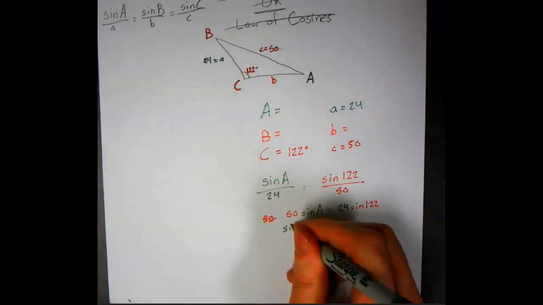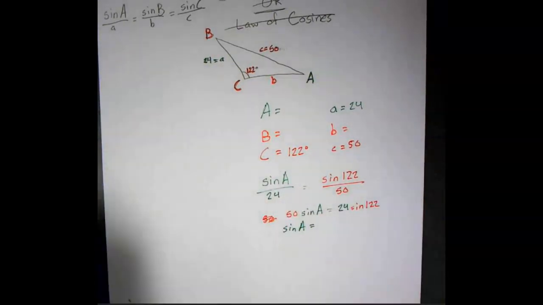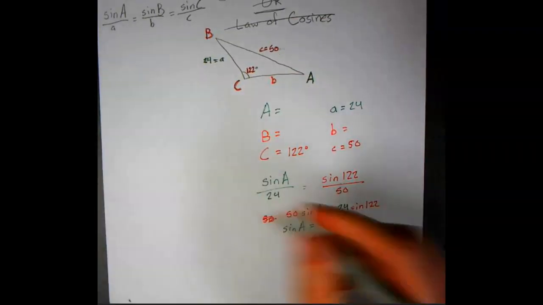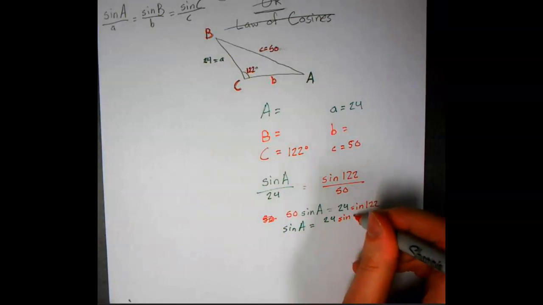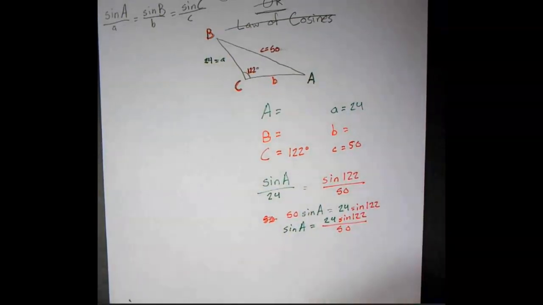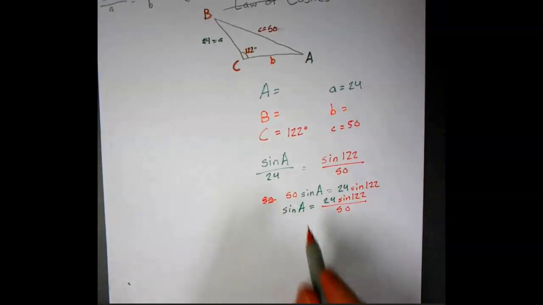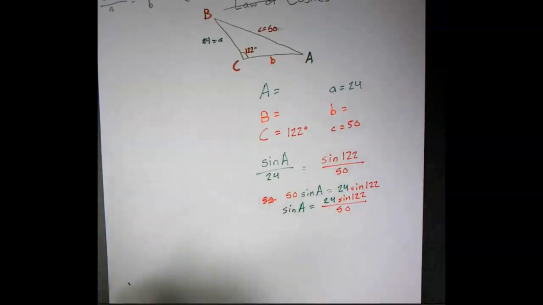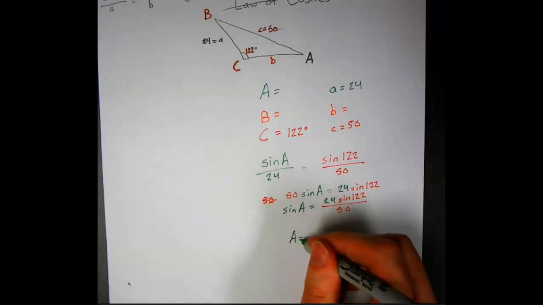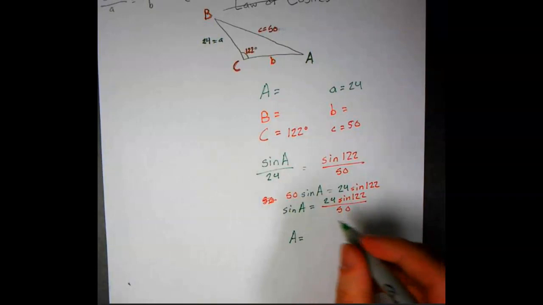We'll have sine A equals 24 sine 122 over 50. And now to get an angle, we have to use inverse sine. So we'll just inverse sine both sides.